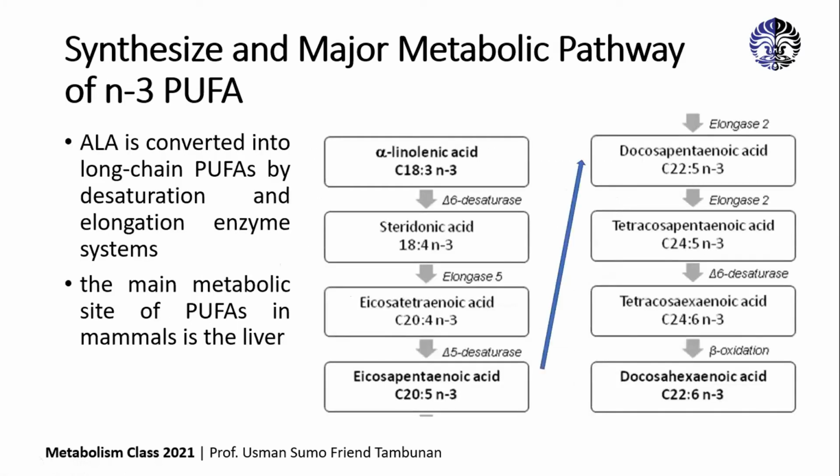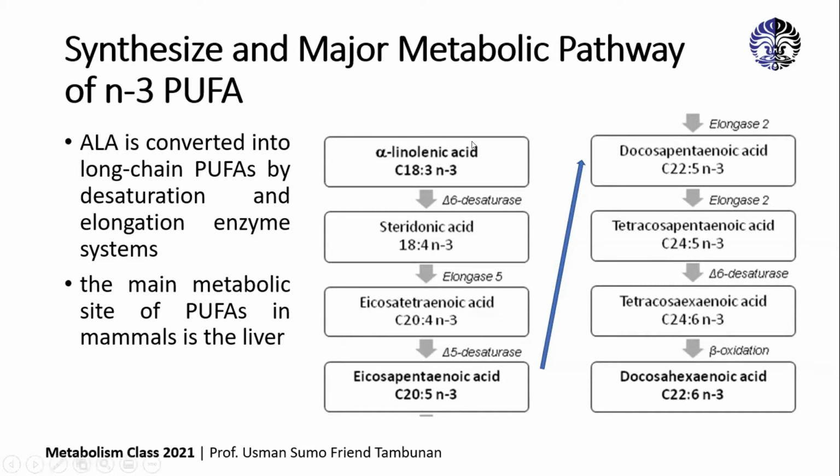Alpha-linolenic acid can be converted into long-chain PUFAs by the desaturation and elongation enzyme system. The main metabolic site of PUFA in mammals generally is in the liver.